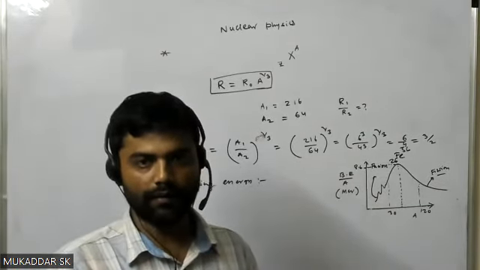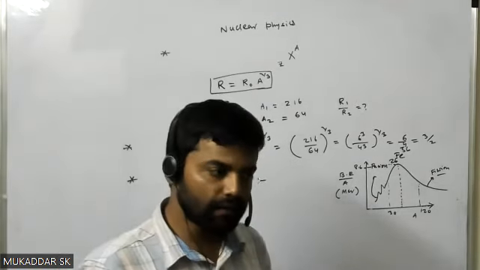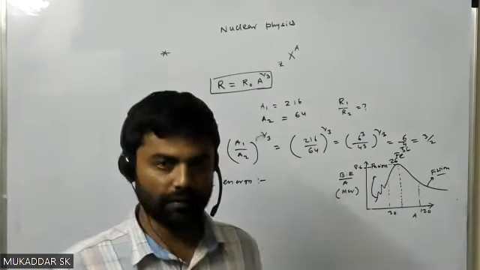That is the total binding energy. But binding energy per nucleon is significant because it tells you the relative stability.